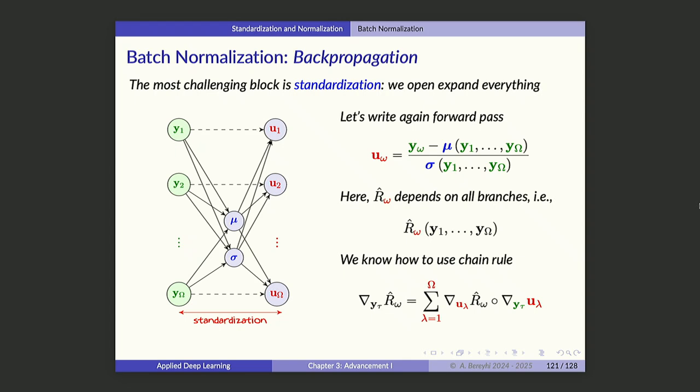I want to compute the gradient of R hat 1 with respect to some y, which is y tau. So omega here now is 1. I am just computing with respect to y tau.